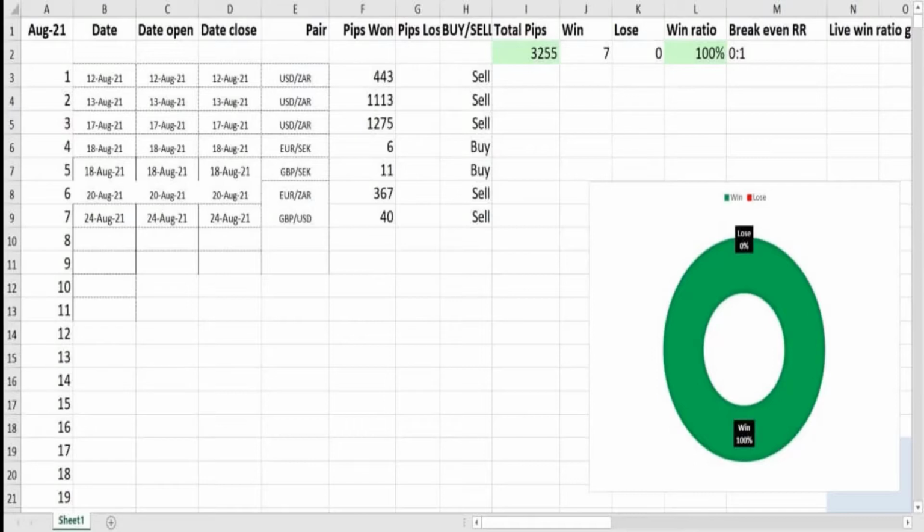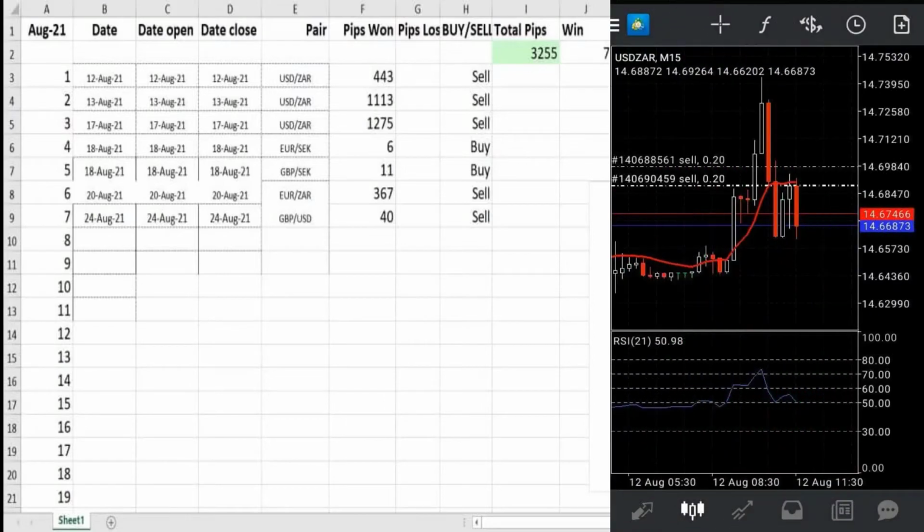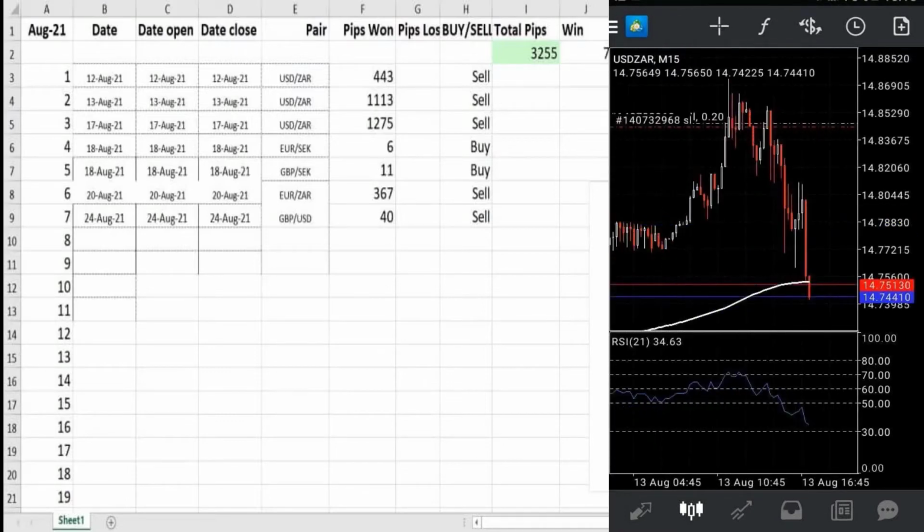The first trade we took was on the 12th of August on USD ZAR. USD ZAR this month was on fire, especially with the HOD trades and the sells. Most of the trades we've taken were sells. We took USD ZAR again on the 13th as a sell and made 1,000 pips.